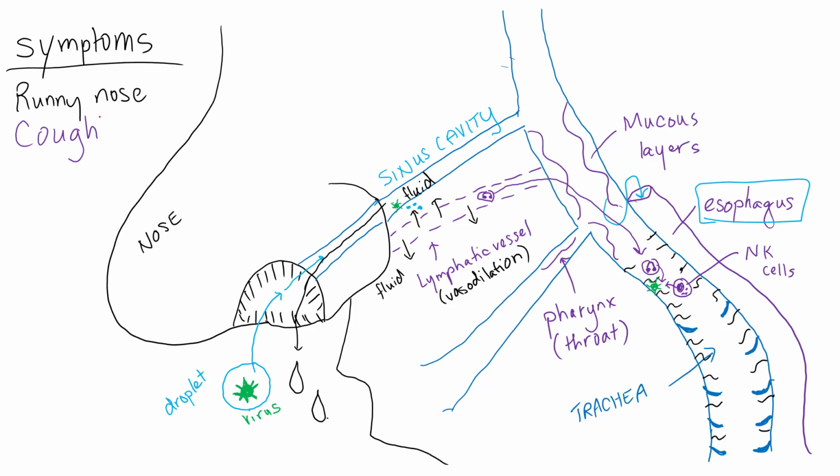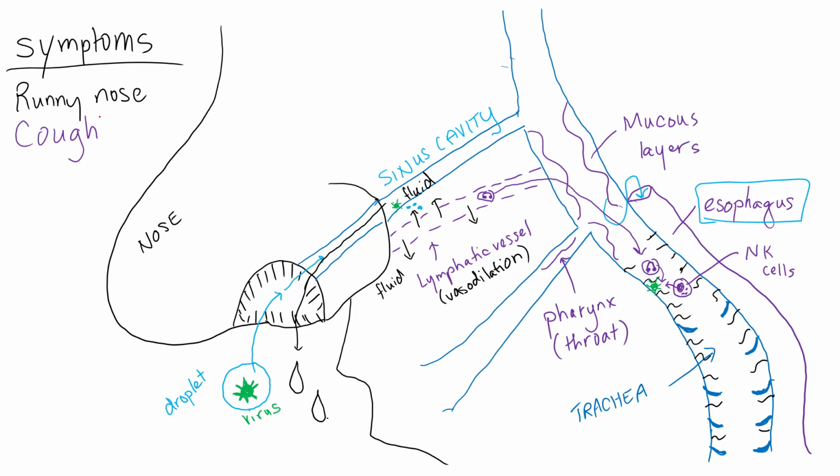They're damaged due to the virus infecting and lysing them, but also as a result of white blood cells like natural killer cells releasing perforins in the attack and destroying all of these ciliated cells. And the only way to clear all that debris out of your respiratory system would be to cough. And so that's why you develop a cough.